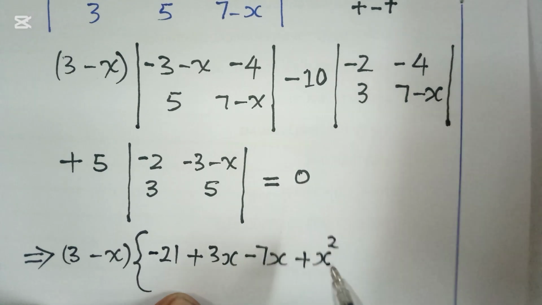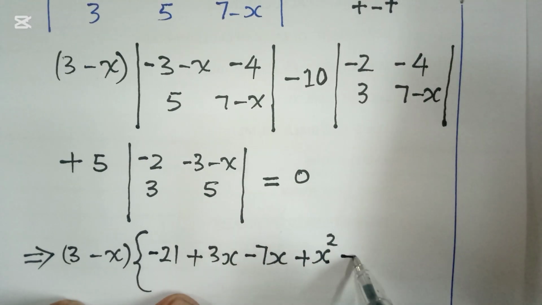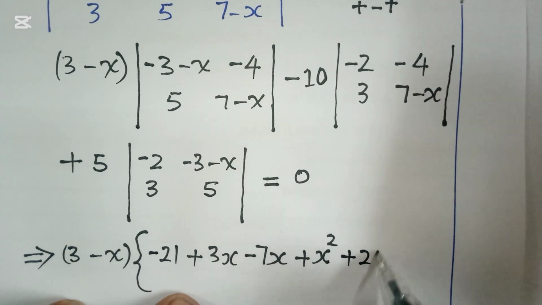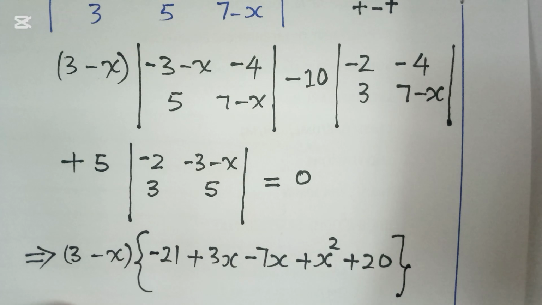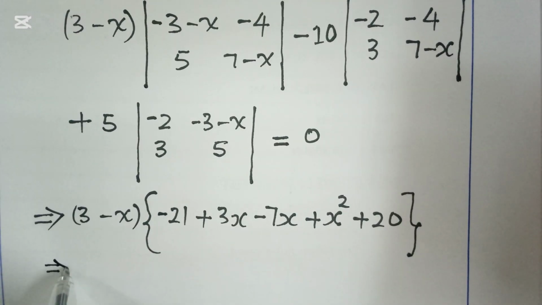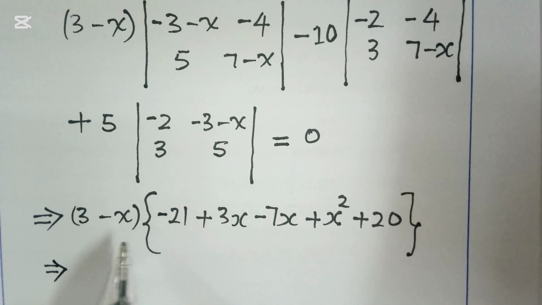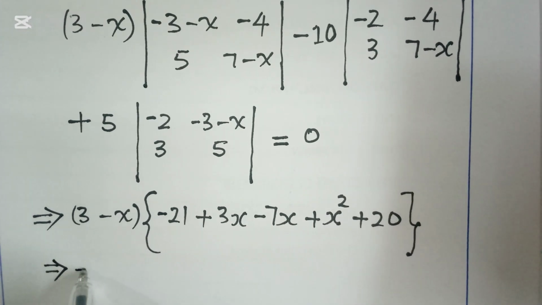And then guys, we subtract. Minus 20 is plus 20. Like that guys. Guys, now we come and multiply that. We multiply this and that. So starting with 3, this is going to give us negative 63.